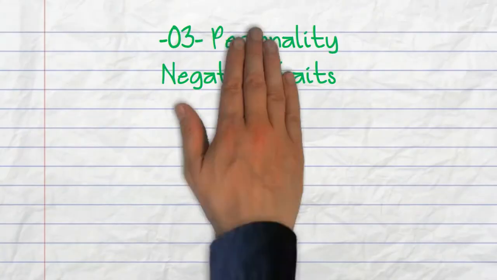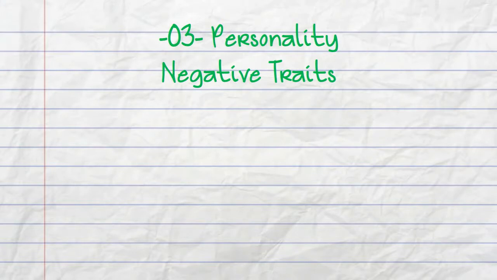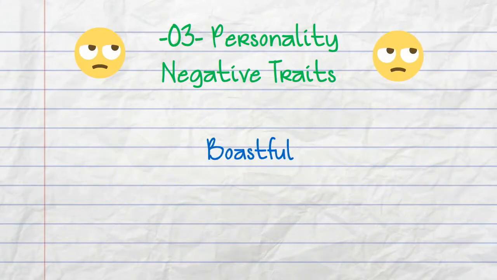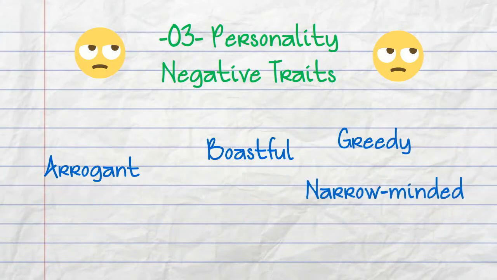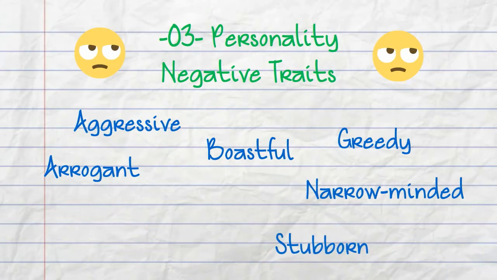Some negative traits of a person might include boastful, arrogant, greedy, narrow-minded, aggressive, stubborn, or cowardly.